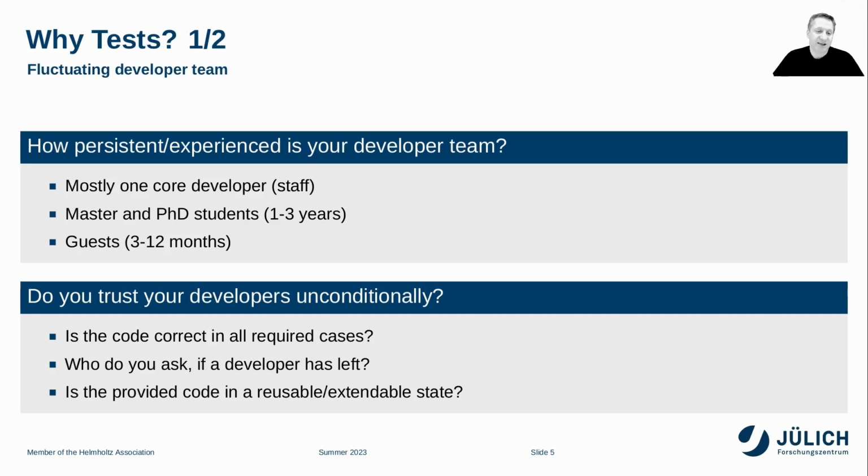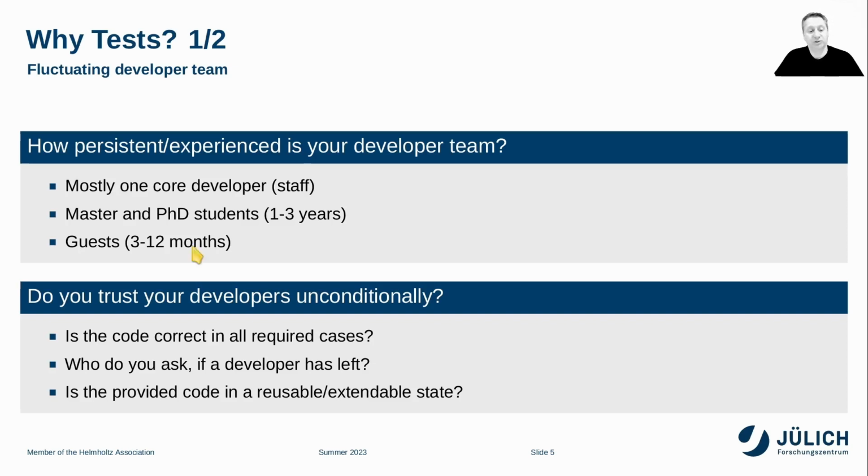And then you also have guests that join you in the project, which is more on the short term, a few months up to a year, I would say. And the main problem with that is usually the staff member is the one that maintains the code, and after the master student left or after the PhD student left, maintaining their code or their feature is up to you because they're out of the project.